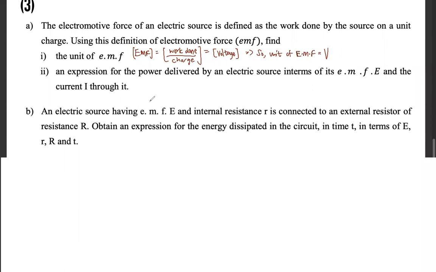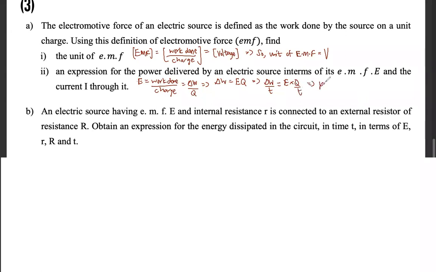An expression for the power, find an expression for the power. I think I explained it earlier. EMF E is equal to work done over charge, and we wrote it as delta W over Q. Then we make delta W the subject, which is EQ. On either side we divide by time: delta W over time, work done over time, equals EMF into electric charge over time.